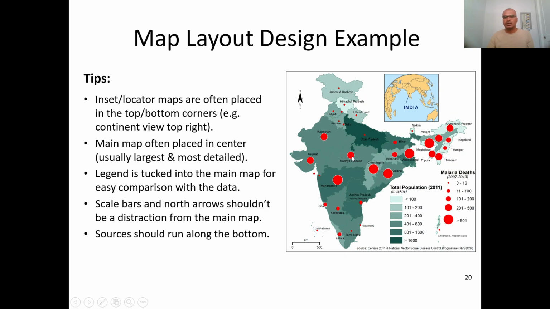Sometimes inset or locator maps are also required, especially to reach a wider audience. So where this area is located in the particular continent or in general in the globe. For that you can add an inset map and place it at an appropriate location. Normally the map is prepared with the central data. The central data is this area.